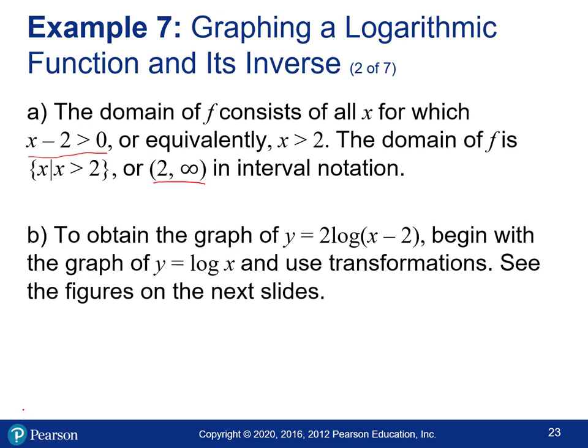Then for the graph, let's use our transformations like we did on the last example. Notice that there are two transformations we are going to apply. Right here, multiplying by 2 is going to be a vertical stretch, and then this minus 2 inside with x is actually going to be a horizontal shift, and it's going to make our graph go to the right 2 units.